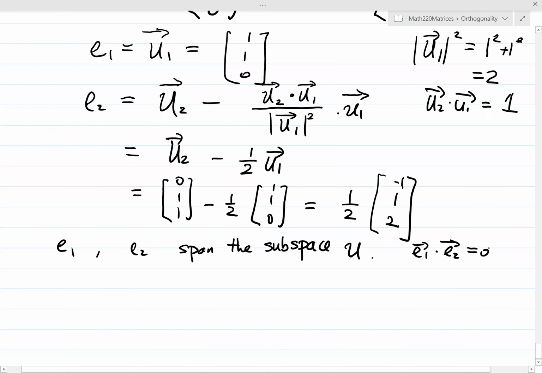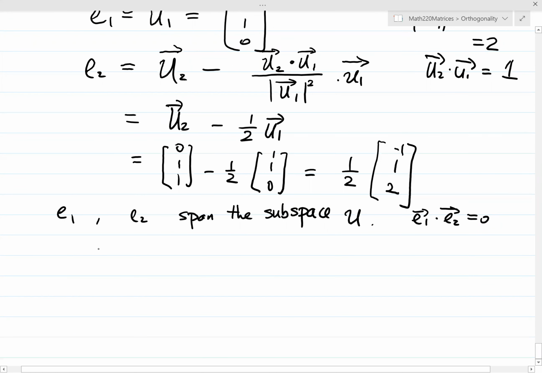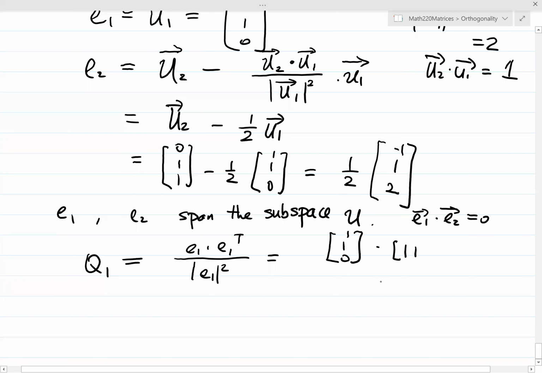So we can use projection onto E1, E2. Q1, by the projection formula along one vector, is E1 times E1 transpose divided by E1 norm squared. E1 is just U1, so this is (1, 1, 0) times its transpose (1, 1, 0), divided by E1 norm squared, which is 2.